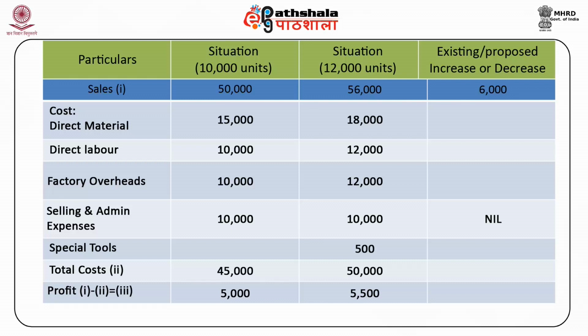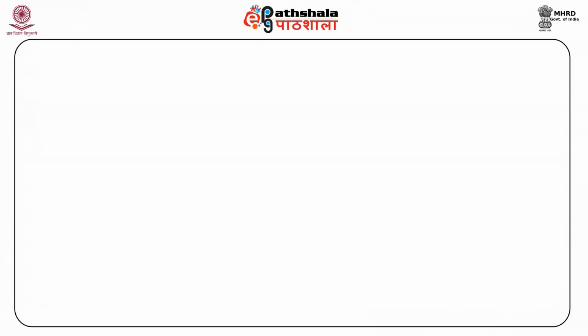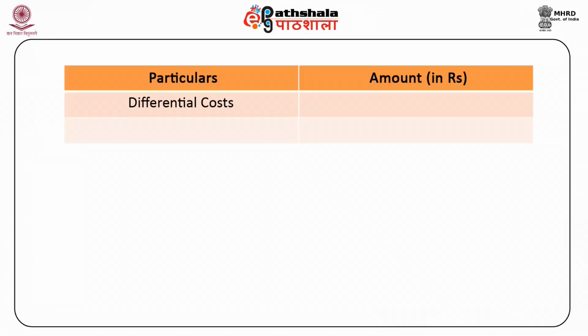Now we shall find out the component-wise net increase or decrease as shown in column 4, such that the net increase in the profit would be rupees 500. The differential costs are rupees 5,500 while differential sales are rupees 6,000.